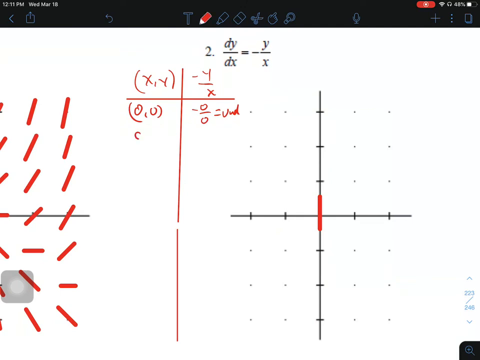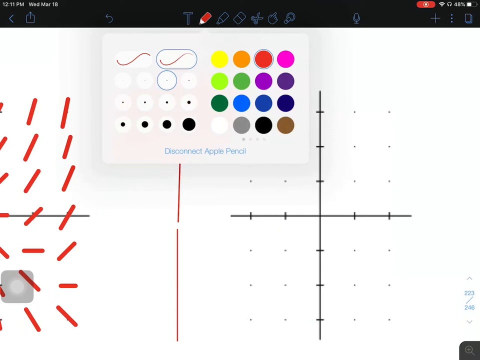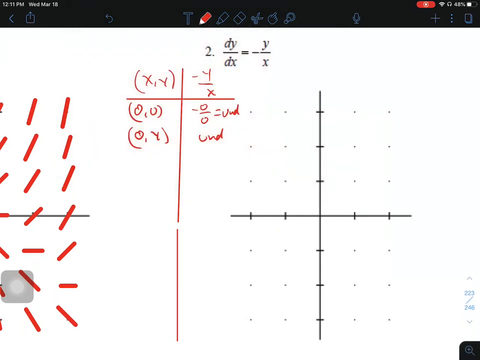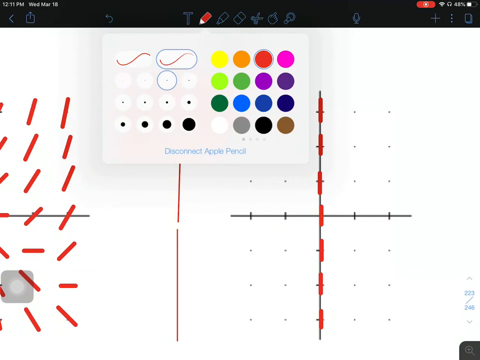If I pick an x value of 0, it doesn't matter what I choose for y, it's going to be undefined. So it's going to happen on the y-axis. All these slopes are vertical because they're undefined. A vertical line has an undefined slope. So I found that pattern pretty quickly.